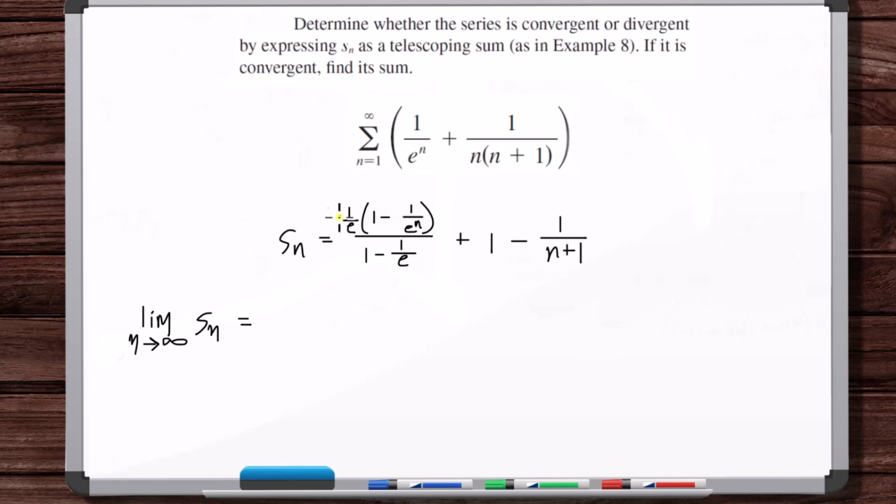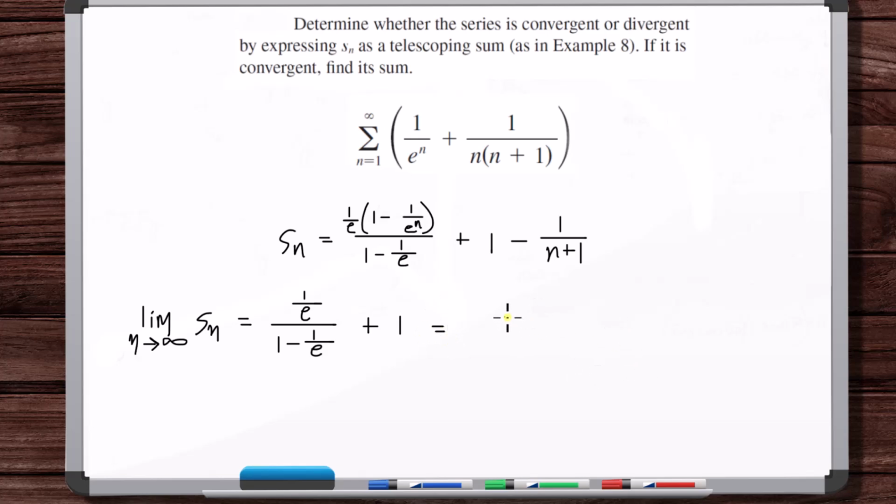Okay, so, well, all right, 1 over e is the common ratio, and that's less than 1. The absolute value is less than 1. So we know what this is actually going to converge to. This is going to be a over 1 minus r. That's going to be this limit. Okay, this limit goes to 1. What does this limit go to? This goes to 0. Okay, so there we go.